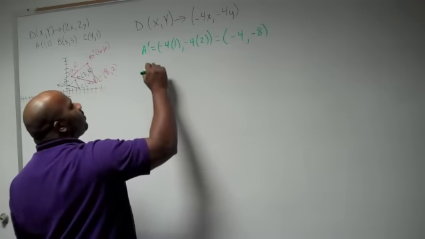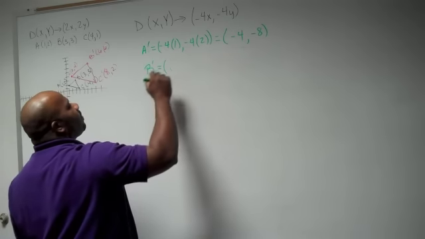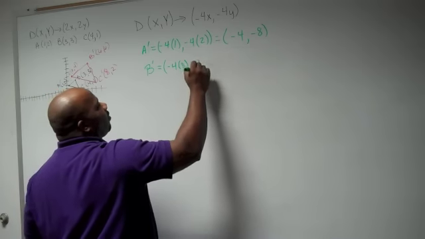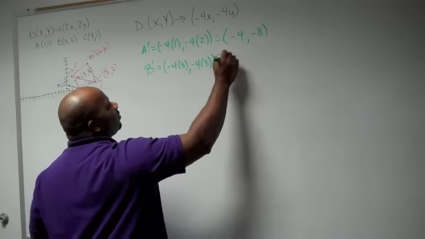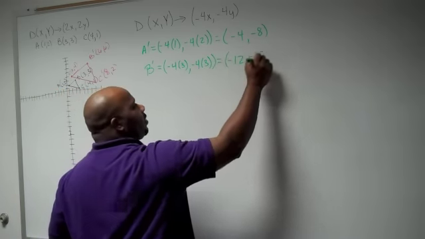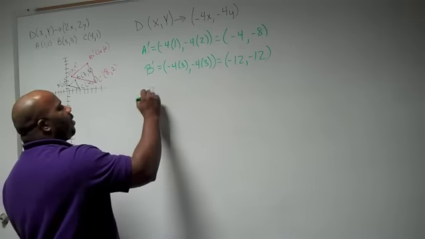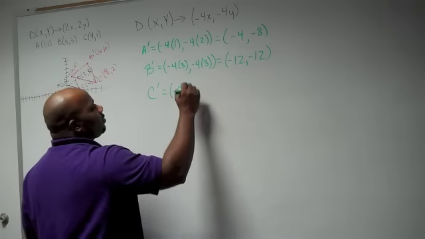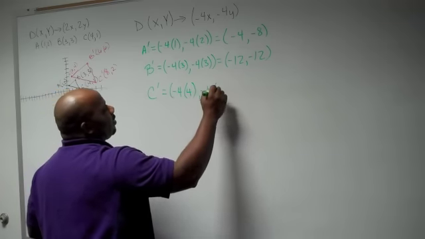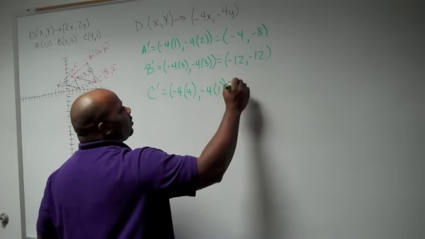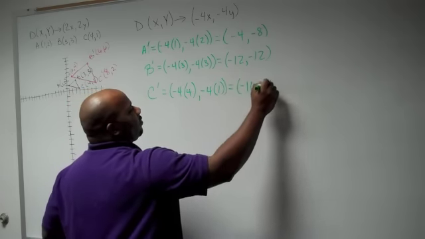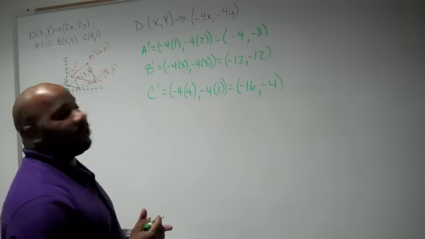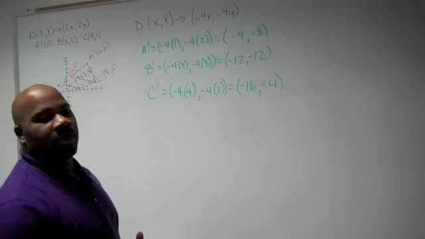B prime is equal to negative 4 times 3, negative 4 times 3, which is equal to negative 12, negative 12. And then C prime is equal to negative 4 times 4 and negative 4 times 1, which is equal to negative 16, negative 4. Okay, so we know that, and you'll see that something special happened with this triangle.